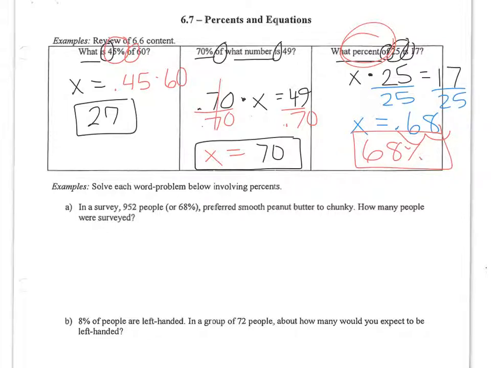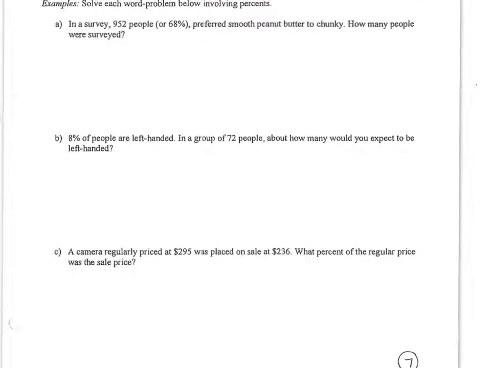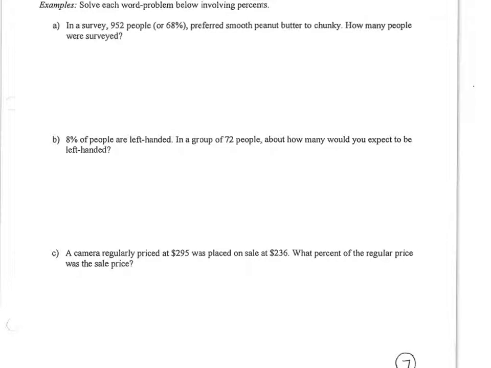Okay, now we're getting some word problems with solving percents. So a survey is when you ask a whole bunch of people. 952 people, or 68%, preferred smooth peanut butter to chunky. How many people were surveyed? So this number is not the number of people that were surveyed.